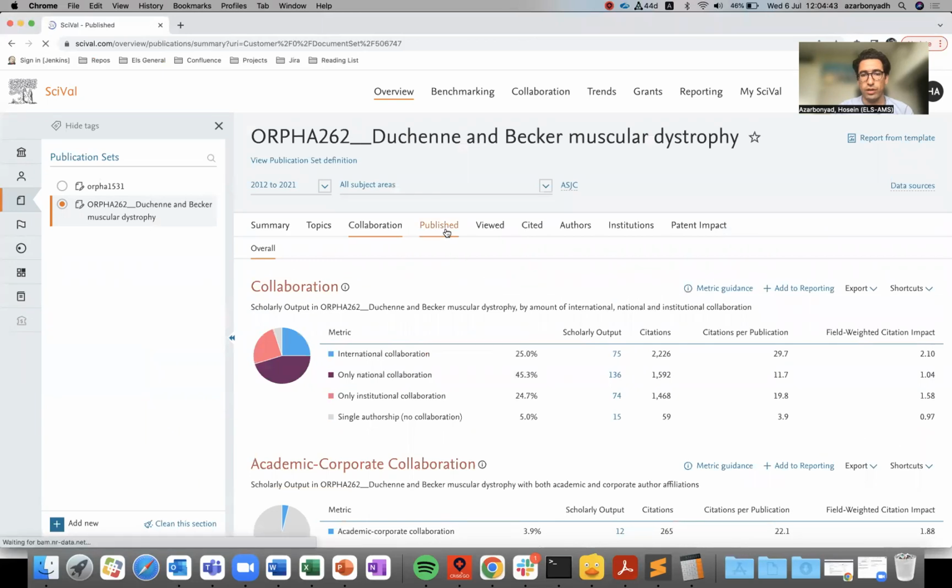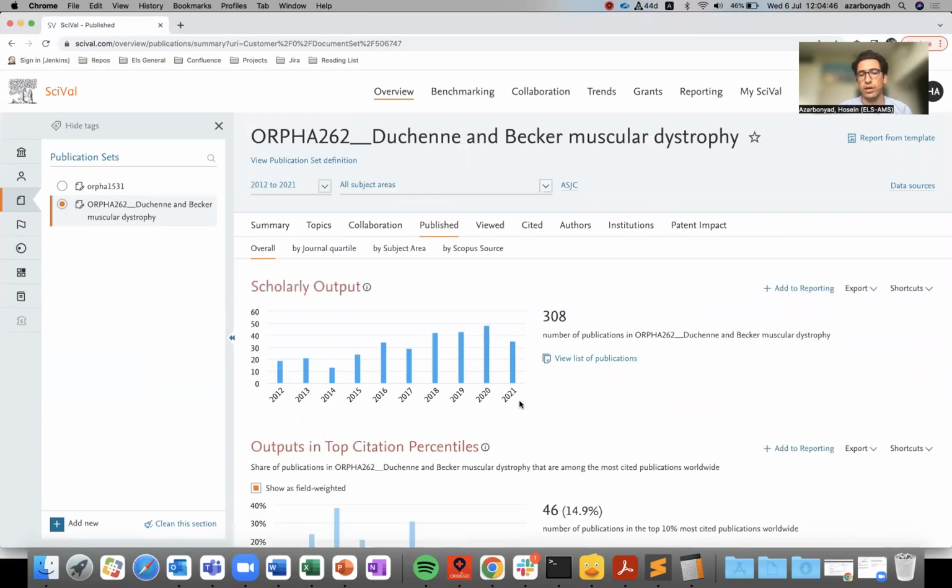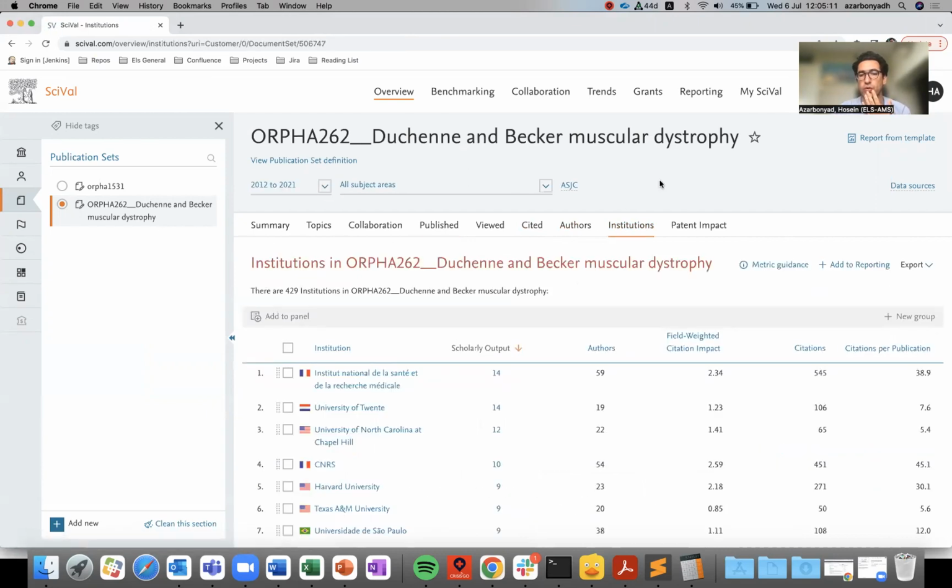Moving on, we can track the number of publications over the years as well. As you can see, the number of publications is growing, but this particular drop is because we haven't included all articles published in 2021. Probably the most important thing for users to see is the institutions most active in this research output.